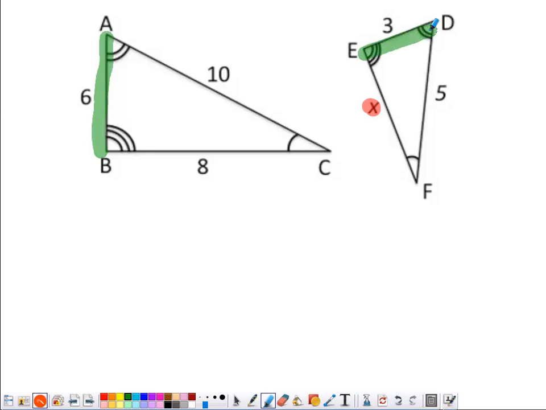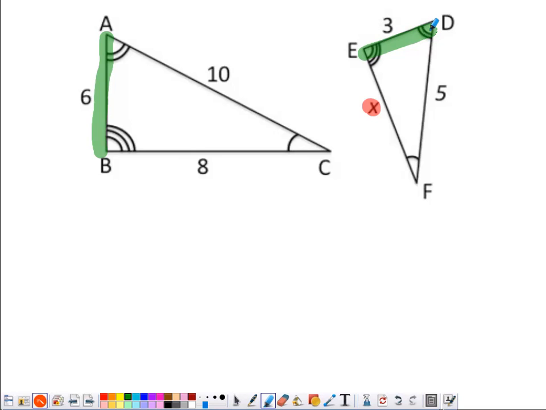Then I said 6 has to be 3 plus 3 is 6, right? I did the same thing to all the sides. So 10 would be 5, because I'm just dividing each side by 2, and 8 got 4, and then 4 was the closest that matched up to E and F. So I just put that in, and you said that might be the right answer.